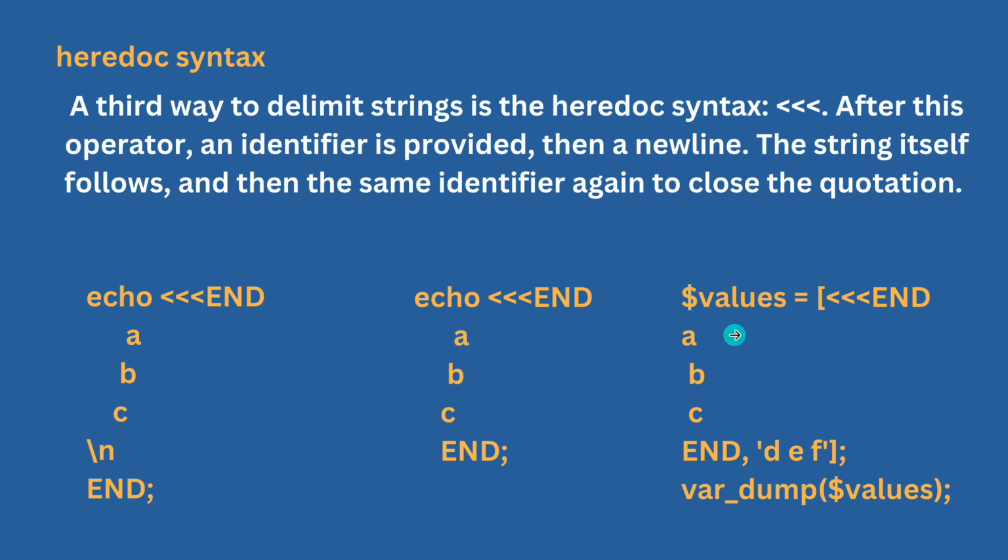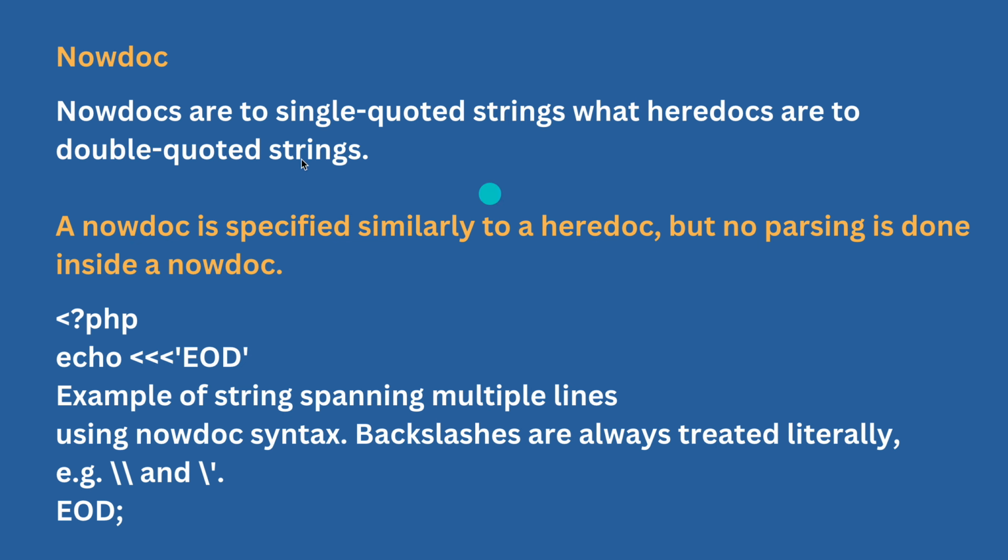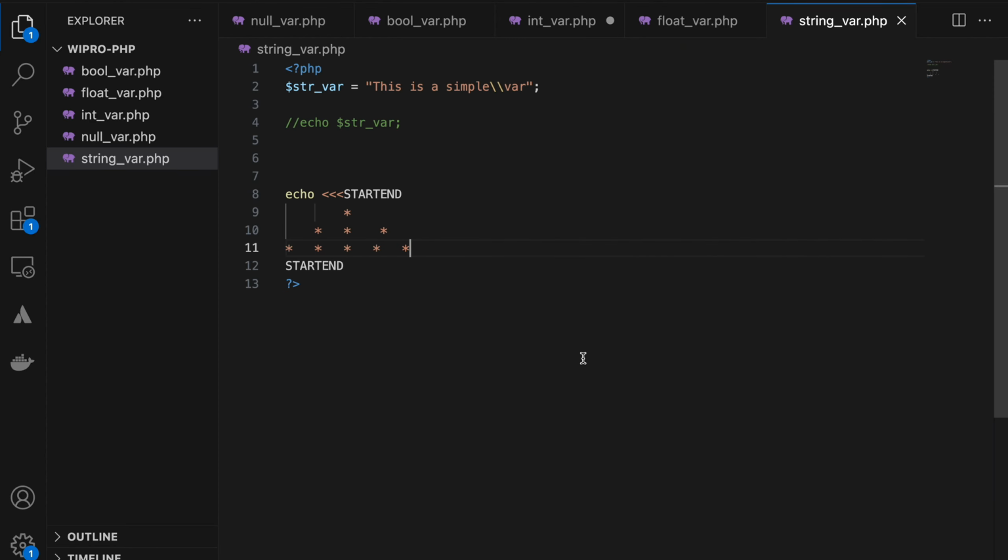Now there is a Nowdoc also, or the single quoted string, where Nowdoc is to single quoted strings what Heredoc is to double quoted strings. Nowdoc is quite similar to Heredoc, but no parsing is done inside Nowdoc. What does it mean? Here this is one variable.